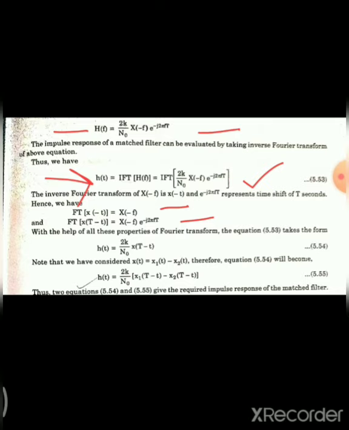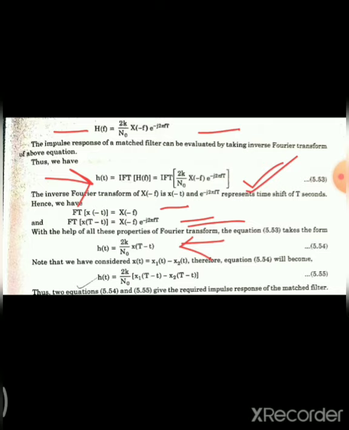Now relate this equation with the time shifting property. What will we get? The impulse response will be equal to 2k by N0 times x(T minus t). Now we know that x(t) is nothing but x1(t) minus x2(t), which was the input to the matched filter. x1(t) and x2(t) were what? Either binary 1 or binary 0.